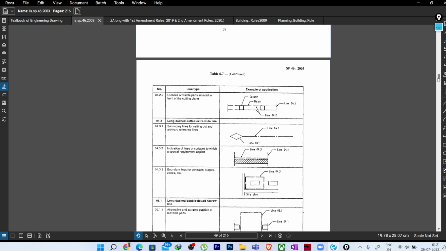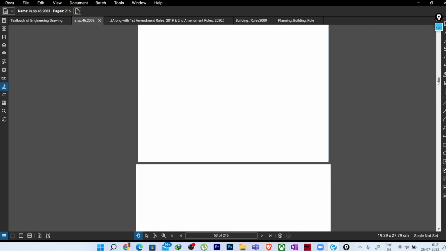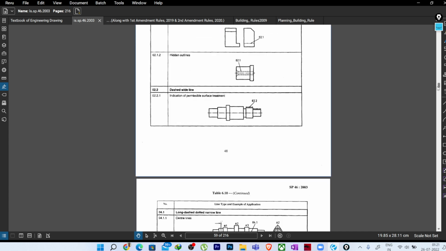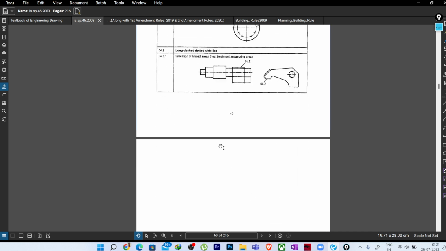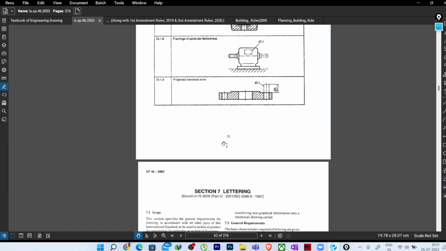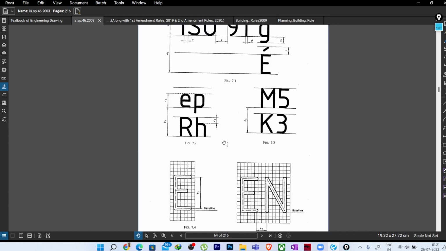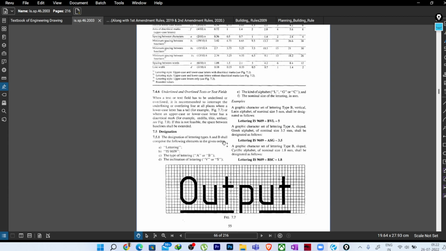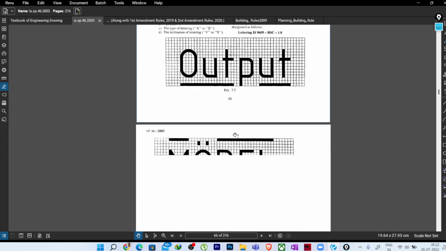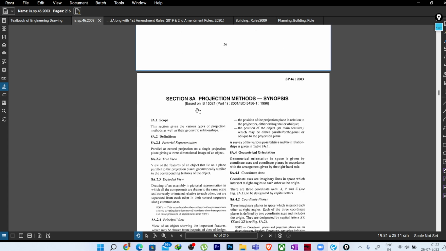Because we will be making the drawing first, after that we'll need the title block, so we can easily show it later. Again, these title blocks are not the ones we'll be using in our construction drawings, so I'll explain it later, not an issue. Now, you can say line weights, or text heights. I have already explained the standard text heights. So I think this is it for this particular session.